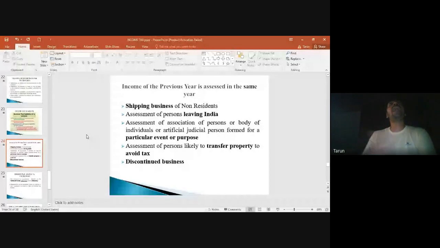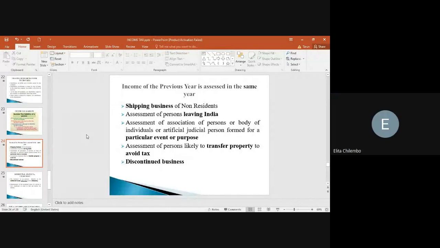Even if they hide that income, the authorities will be able to find out how the tax has been estimated from such non-residents. It's all clear to you, I believe. All right, clear, sir. Clear, yes.